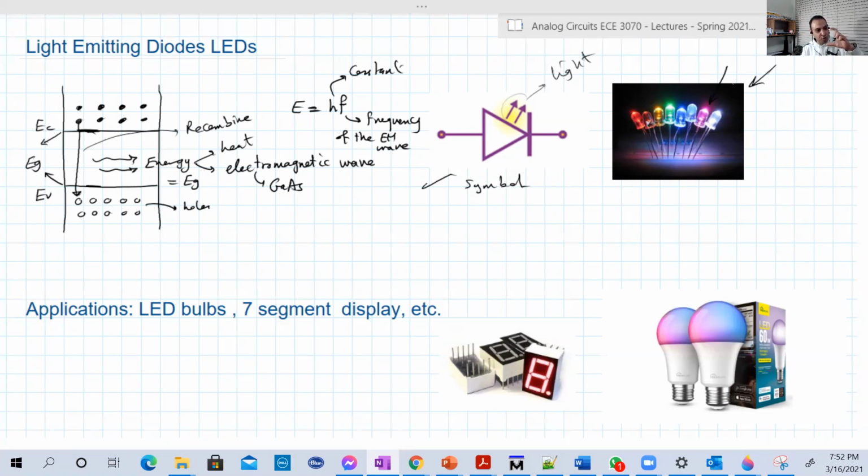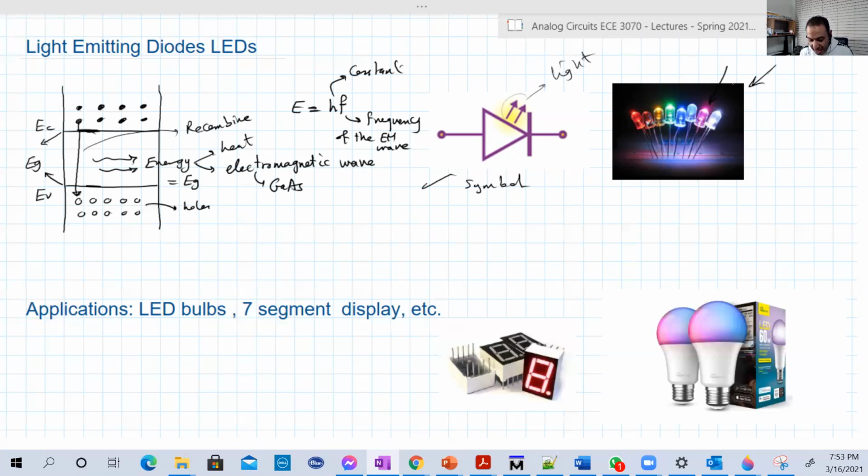So if we can control EG, the difference between the energy of the conduction band and the valence band, then we can produce different hf values. If we want, for example, blue, then we know the frequency of blue, and we multiply it by h. This will give us the required energy gap, so we can engineer the material so that the recombination process ends up emitting blue light, or whatever light we want.